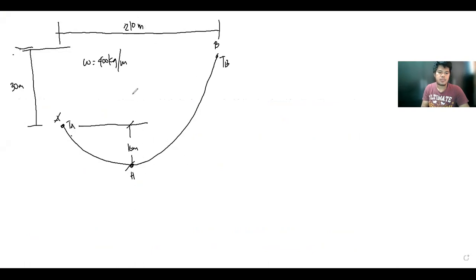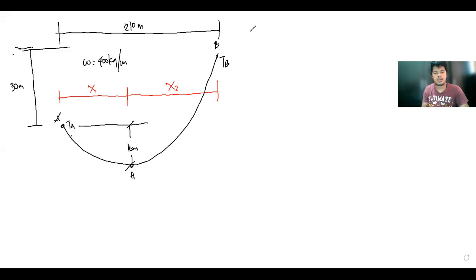We denote the distance from this one to the lowest point as x1, and the distance from the lowest point to this point here as x2.